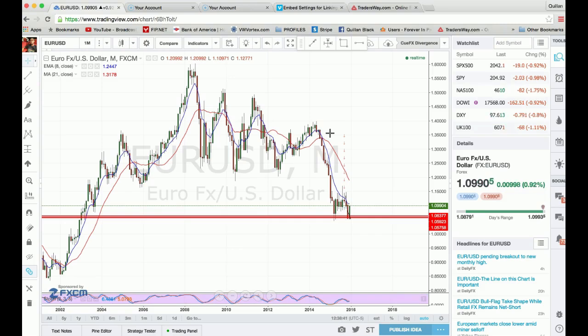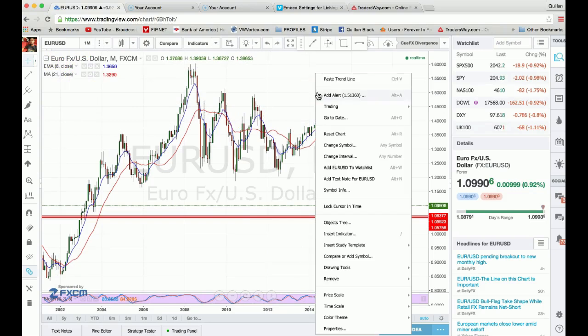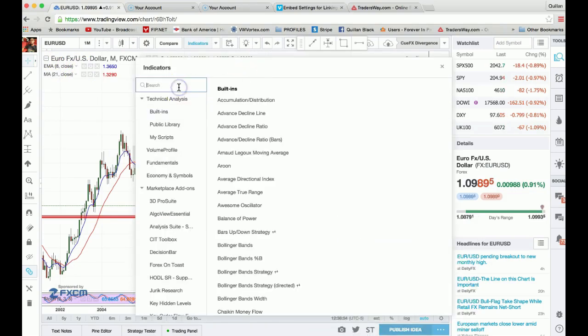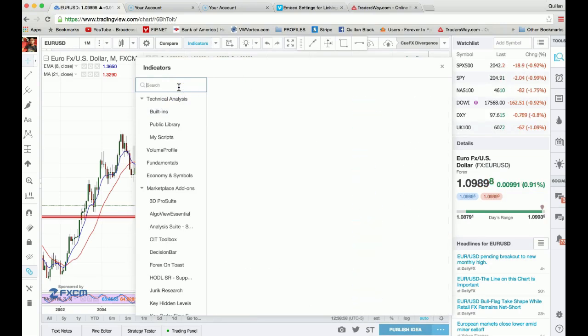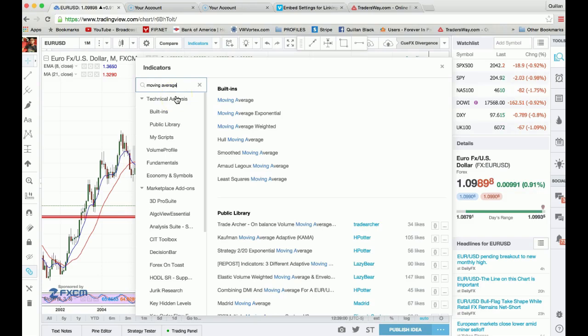The moving averages that I use are right here, the 8 EMA and the 21 SMA. You install those by right clicking, going to insert indicator, and typing in simple moving average. There it is, moving average.